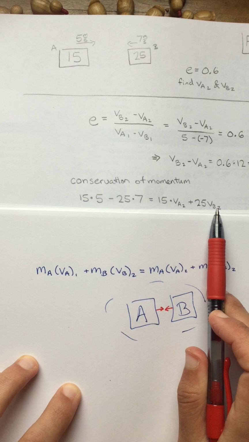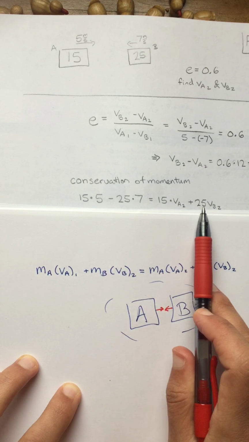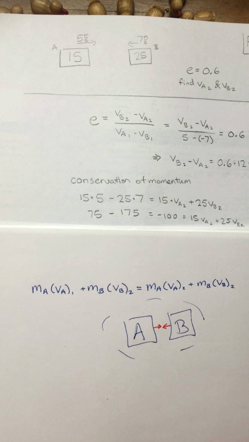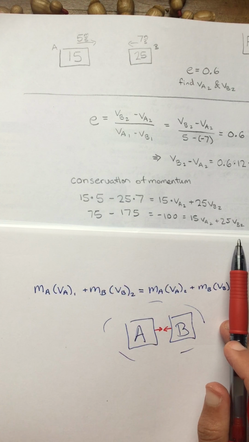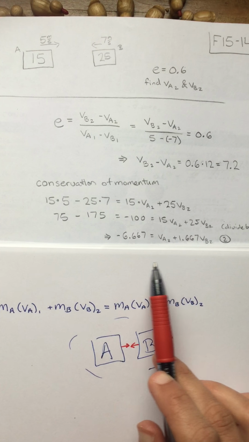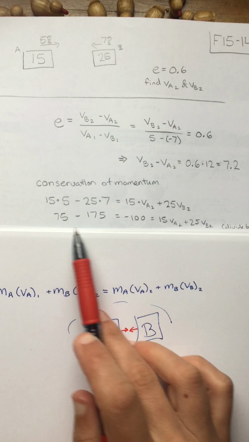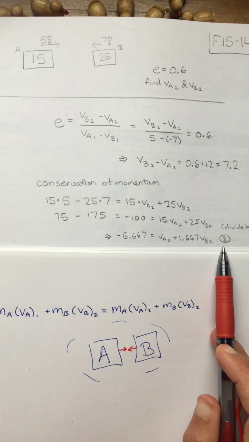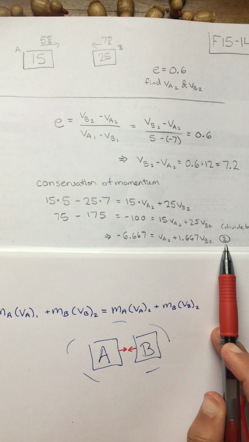The masses were in megagrams, but since I have megagrams in each term, those are going to cancel out. So now I can take the equation that I have here. Well, first I get this. Then I divide both sides by 15 to get what I have here. And that gives me equation 2.